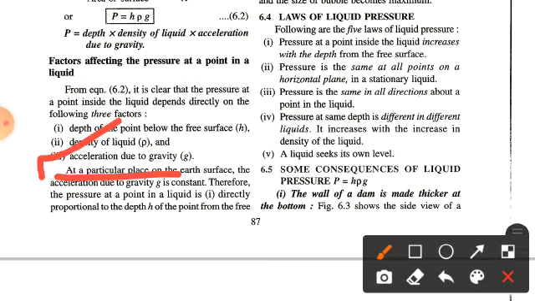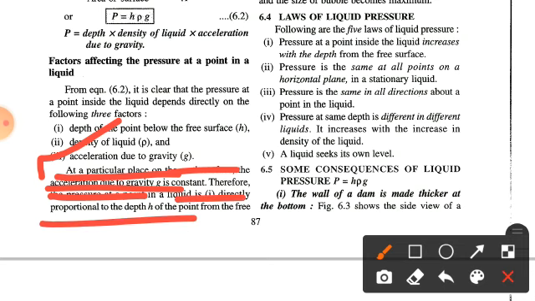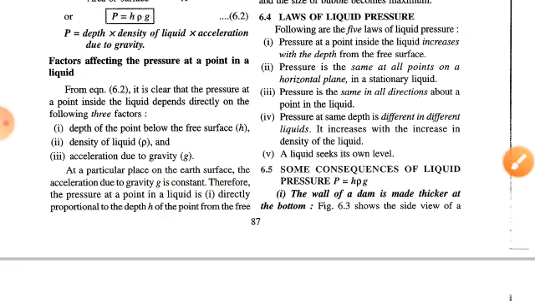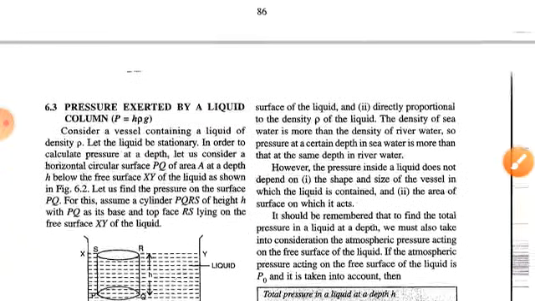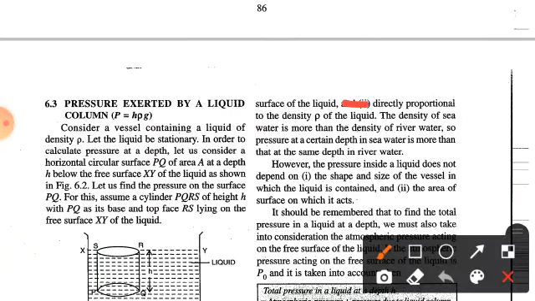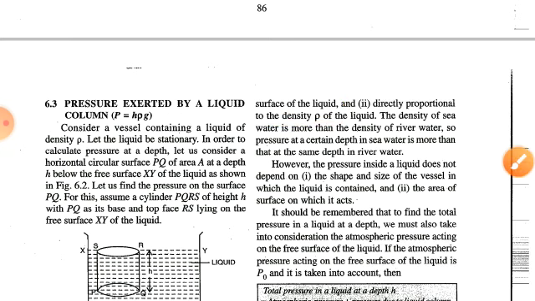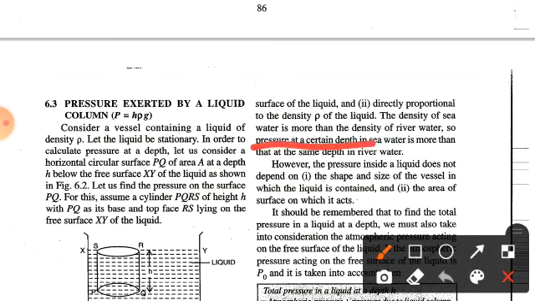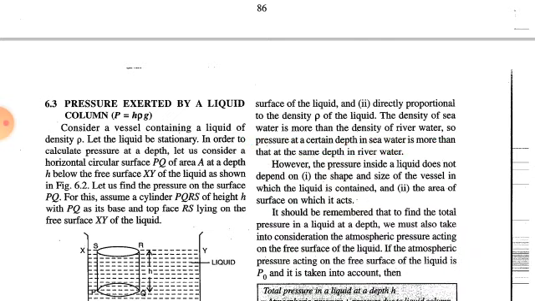At a particular place on the earth's surface, the acceleration due to gravity, g, is constant. Therefore the pressure at a point in a liquid is directly proportional to the depth, h, of a point from the free surface of the liquid, and also directly proportional to the density, rho, of the liquid. The density of sea water is more than the density of river water, so the pressure at a certain depth in sea water is more than that at the same depth in river water.